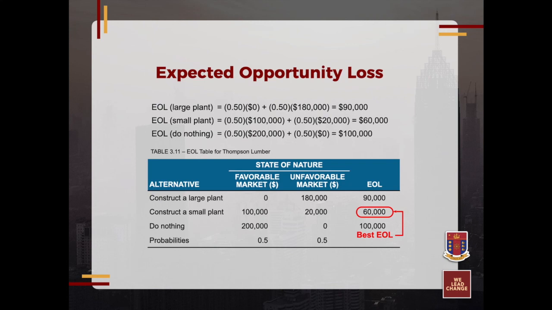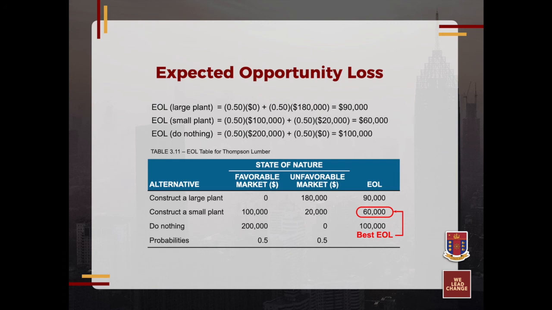As for the third alternative, do nothing, we have 200,000 multiplied by 0.5 plus 0 multiplied by 0.5, which gives us $100,000. Now remember, this is opportunity loss. Now if you're talking about opportunity loss, you choose the least or the minimum number, because that would be the best value or the least cost for you for not choosing the other alternative.